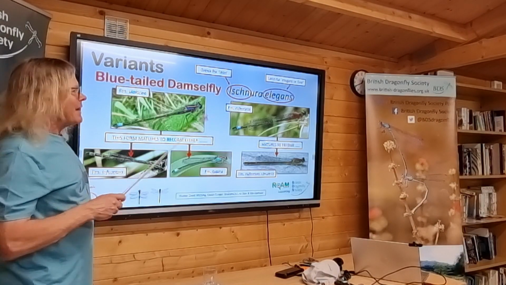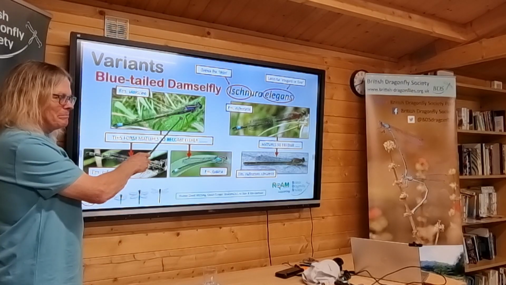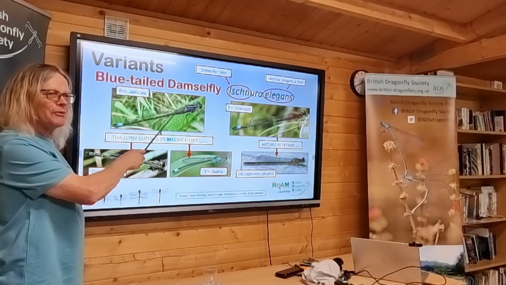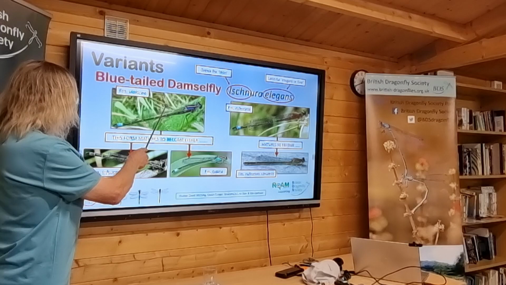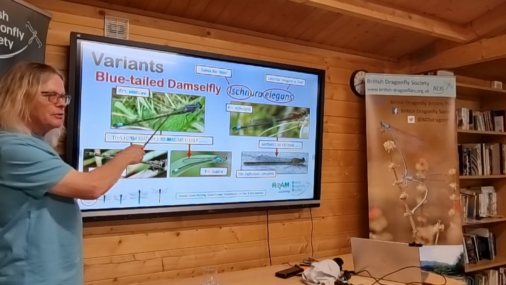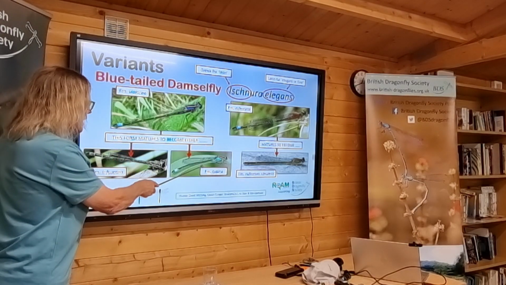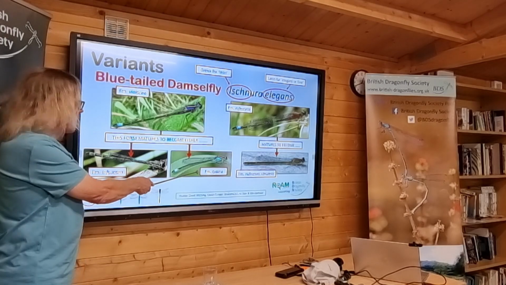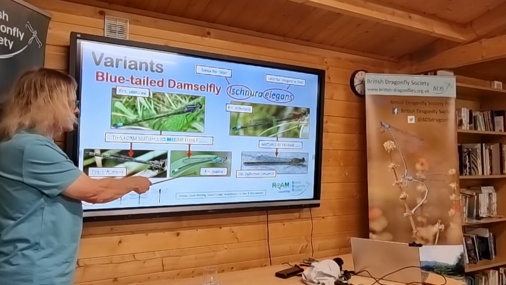But they do mature. The violet one is the most difficult thing for most people. The violet one will mature into one of two types. Typica, which resembles the male very closely.